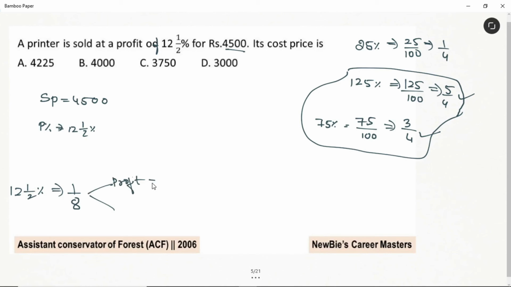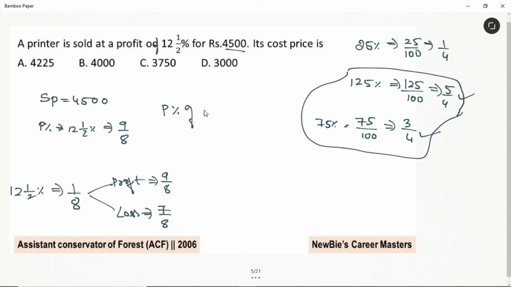For this, what is the fraction value? 9 by 8. Add these two, 9 divided by 8. For the loss percentage, subtract: 8 minus 1 is 7 by 8. Am I clear? So I can directly write this as 9 by 8. Simple.